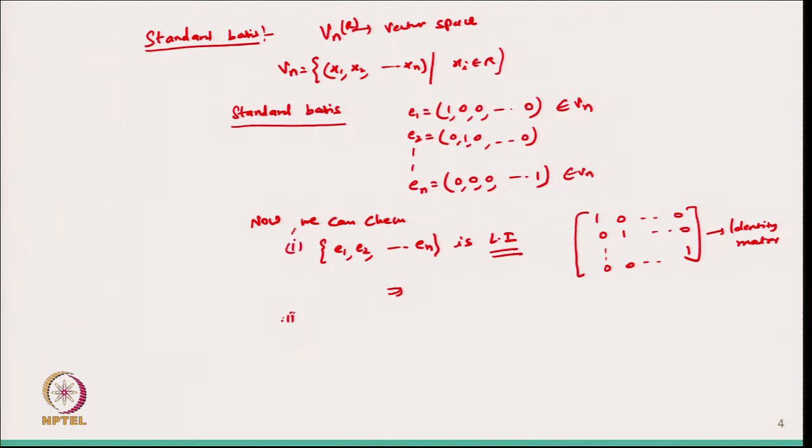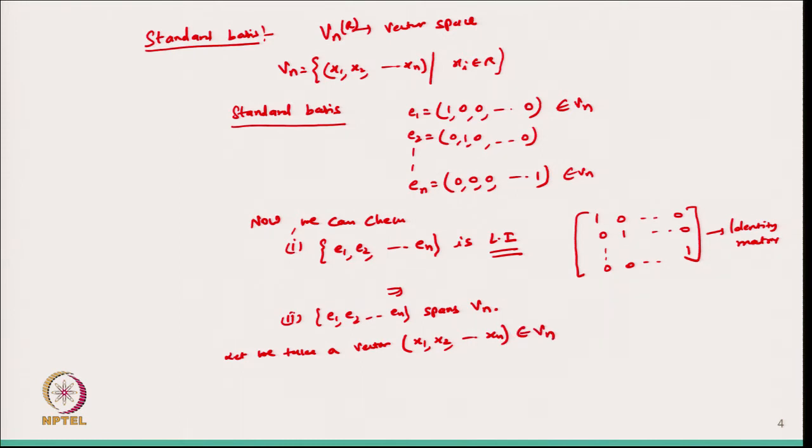The second one is that the set E1, E2 up to En spans Vn. That we can show very easily. Let us take a vector x1, x2 up to xn belonging to Vn.